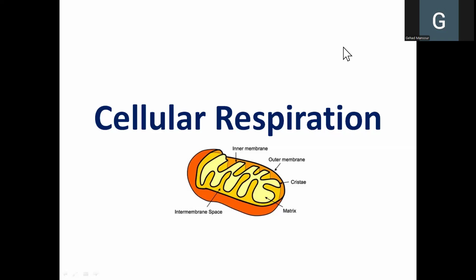As you know, respiration is the breakdown of bonds in food molecules that are rich in energy, like the glucose molecule, for the sake of production of energy for all vital processes in the cell that need energy.